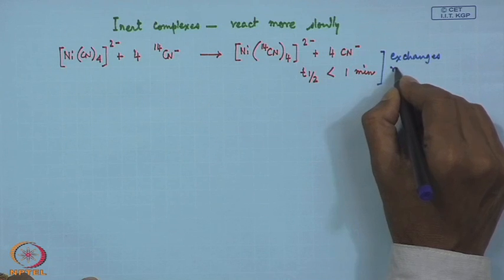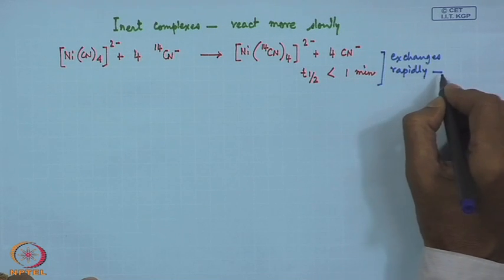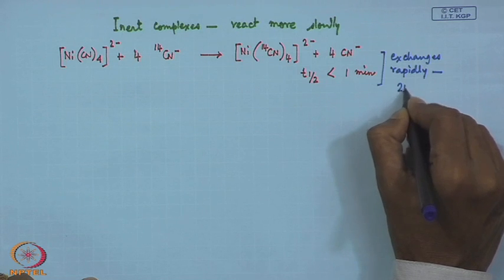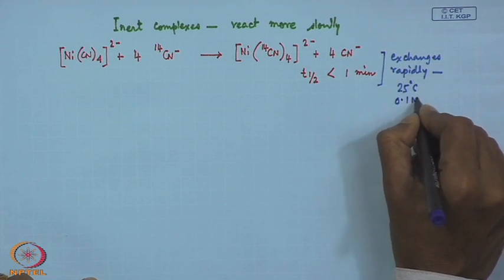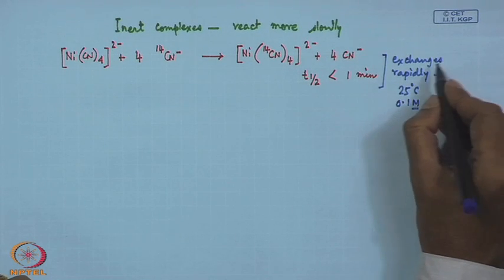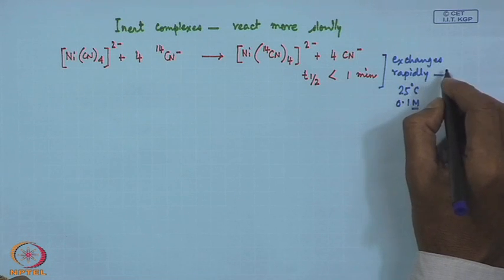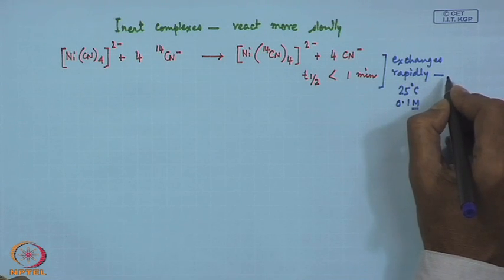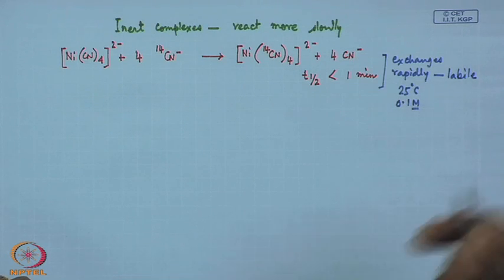At a temperature of 25 degrees centigrade, with the metal ion and ligand concentration at 0.1 molar, we find that the T half value is less than 1 minute, so it exchanges quite rapidly, and therefore, we consider this as a labile complex.